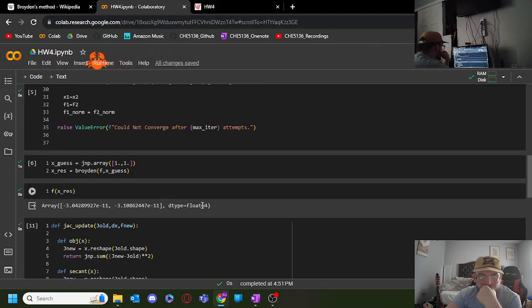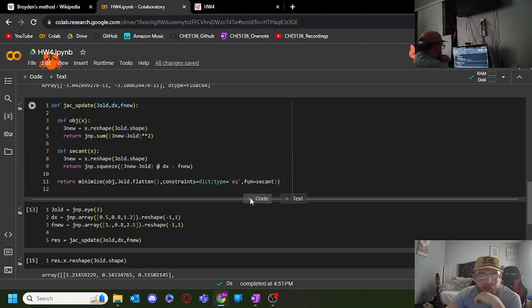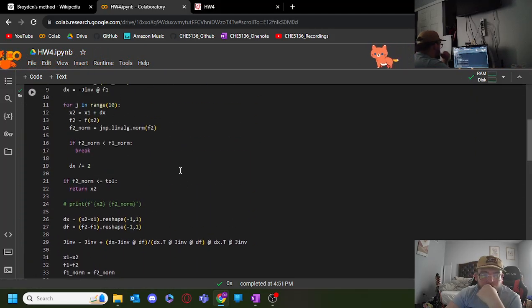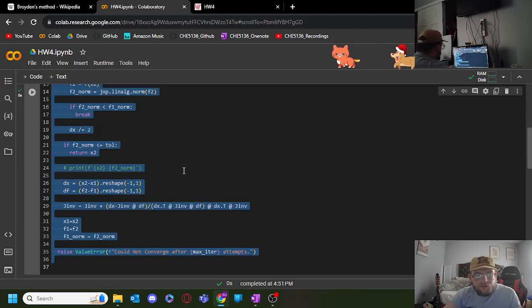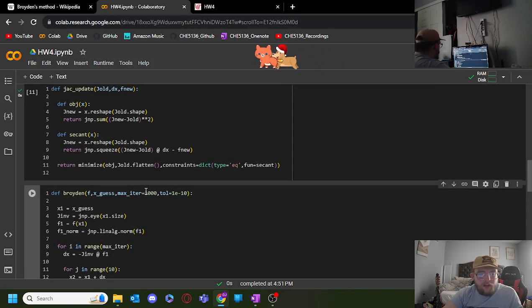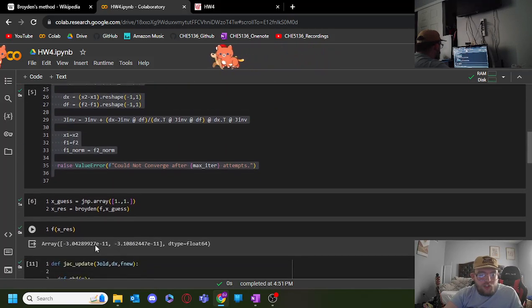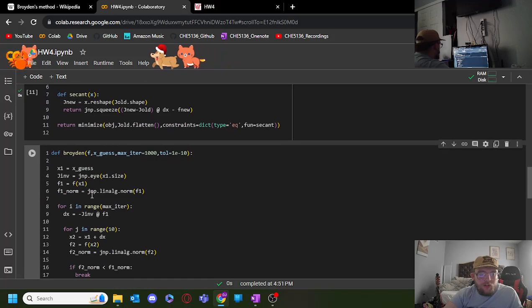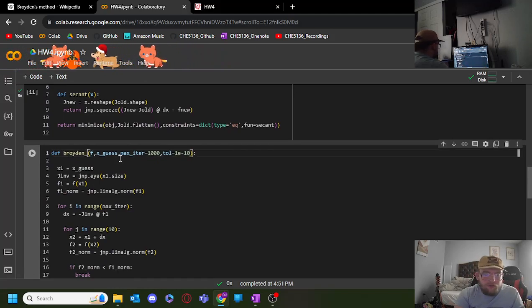To reinforce that, what I'm going to do now is copy the Broyden we made in our first part, except this time I'm going to change this to minimized.